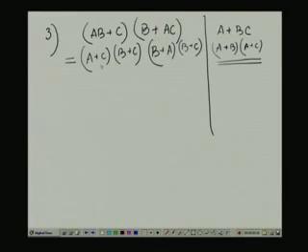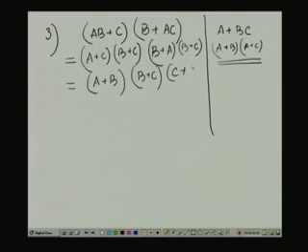Now, B + C is the same. So this becomes (A + B)(B + C)(C + A). Now, I have to represent this as a product of max terms.